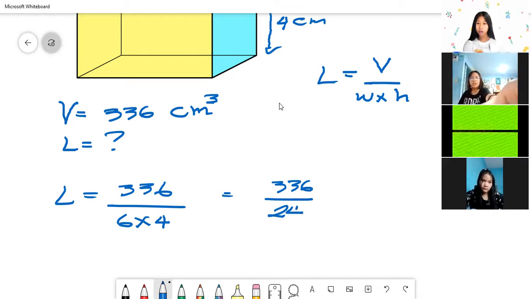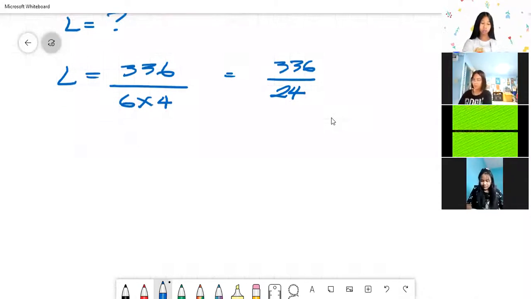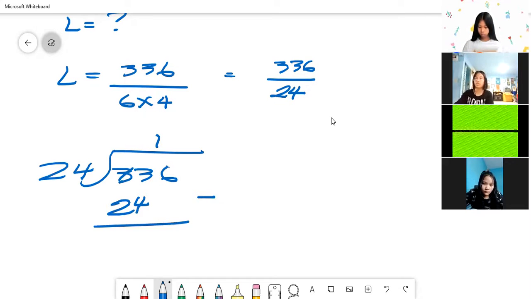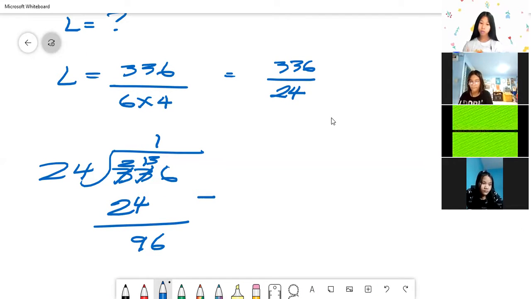So we divide 336 by 24. 336 divided by 24, 1, 24, so minus that, 1 becomes 2, becomes 13, 4, 5, 6, 7, 9, 96. So 96 divided by 24.